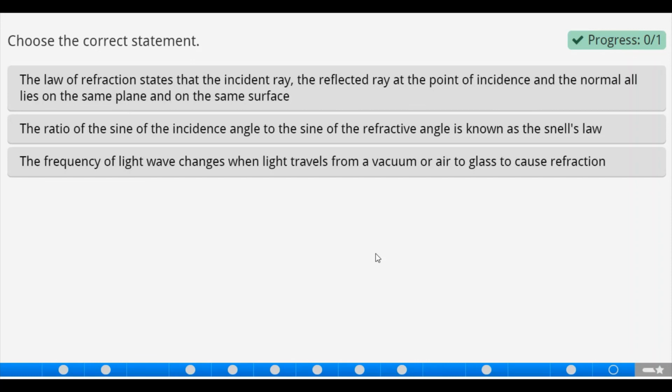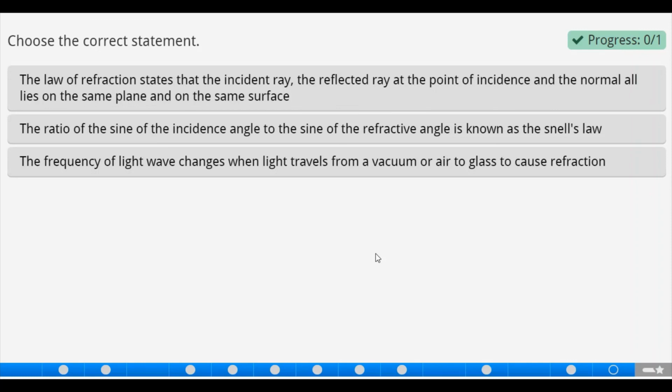So we are looking at the first statement, it is what? False. The second statement now, the ratio of the sine of the incidence angle to the sine of the refracted angle is known as Snell's law. That is correct. That is typically what we also refer to as what? The refractive index. Alright, that statement is perfect and correct.